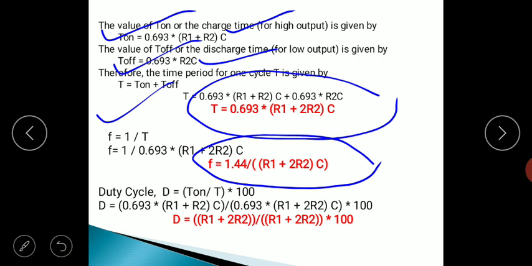Now next we can find the duty cycle of the astable multivibrator. As I said, by definition duty cycle is T on by (T on plus T off), or T on by T into 100%.